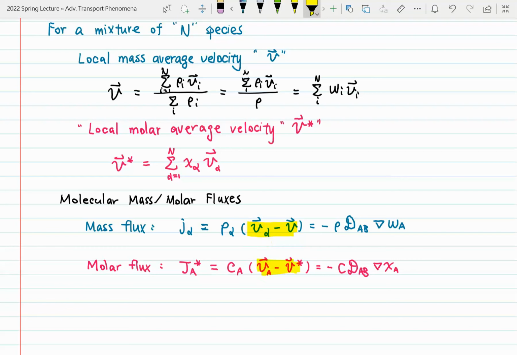We sometimes call this the diffusion velocity.